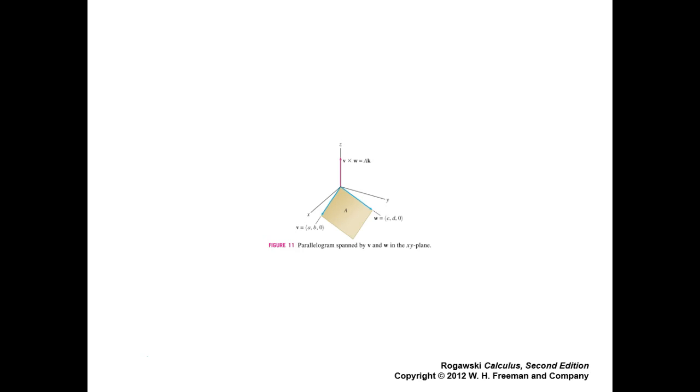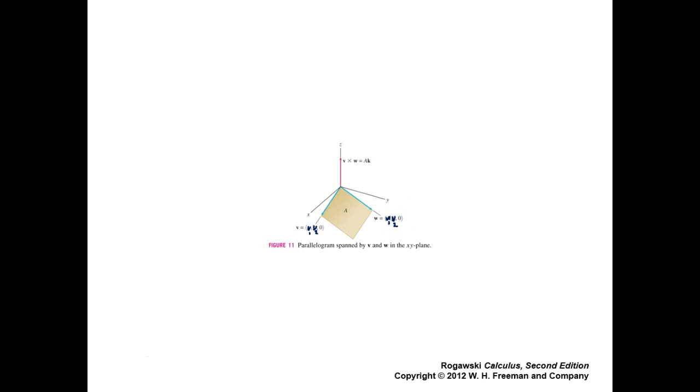Vector W is W1, W2, no Z component. In your book, they have A, B, and C, D, which is a useless change. We usually call this V1, V2, and V3 happens to be 0. This is W1, W2, and W3 happens to be 0.